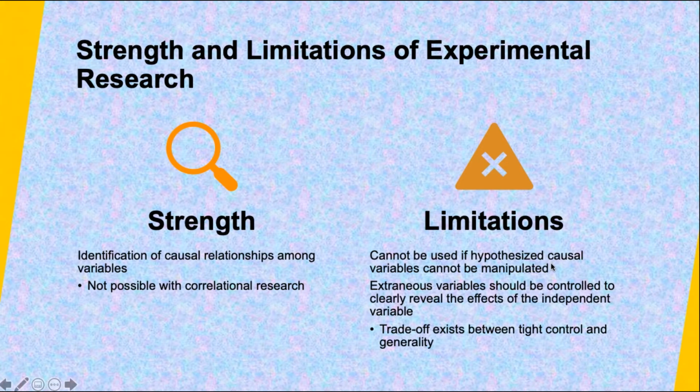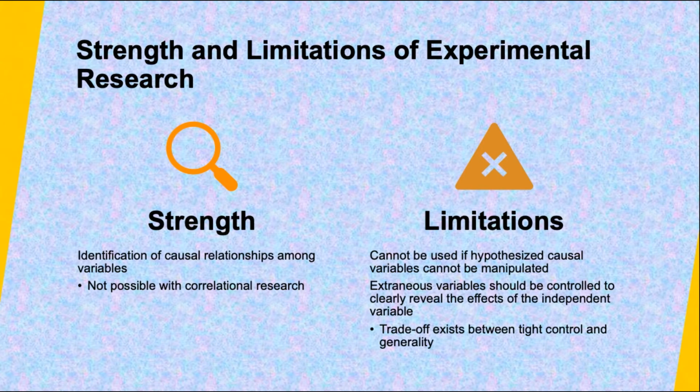For example, studies of personality disorders must use correlational approaches to identify possible causal relationships. Exposing people to various nasty conditions in order to identify which of those conditions cause personality disorder is not ethical. You cannot do that.